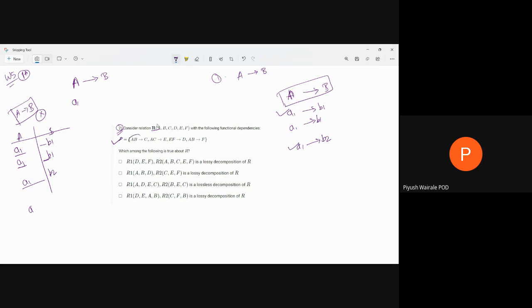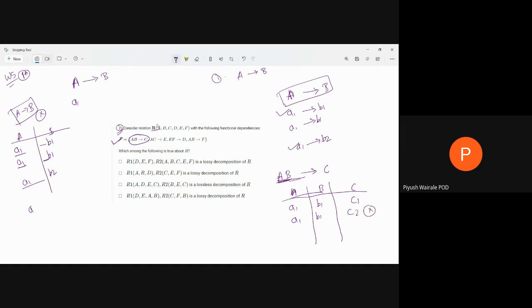Okay, let us take ABC now. AB determines C, so the combination of AB uniquely determines C. Suppose this is A1, B1, and C1, and this functional dependency holds true in this table. Now A1 B1 should not determine any other attribute such as C2.